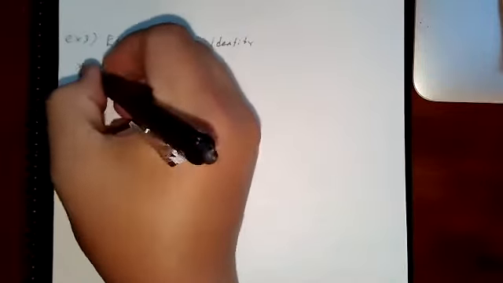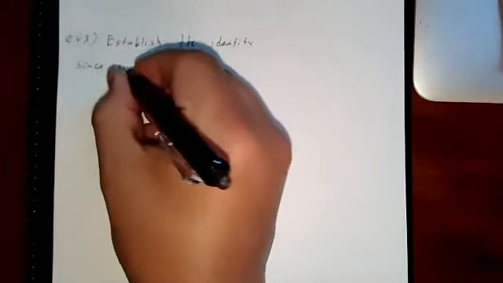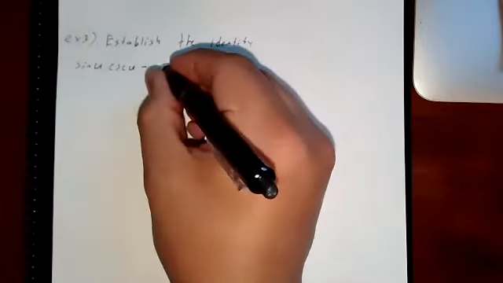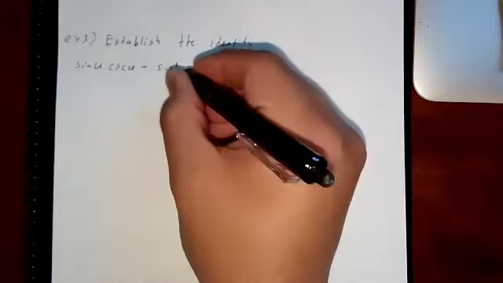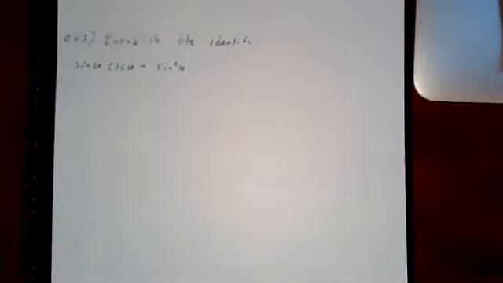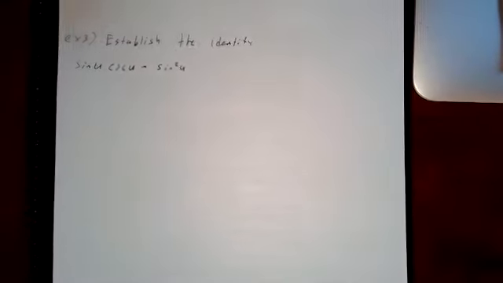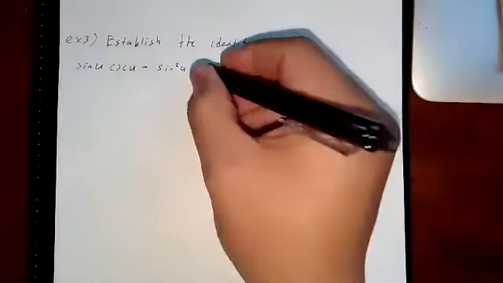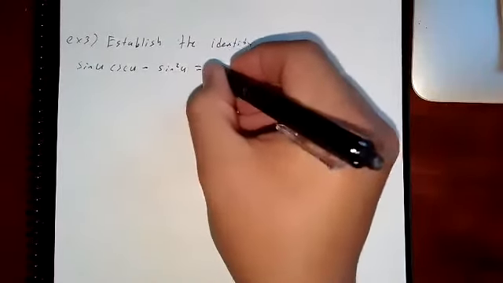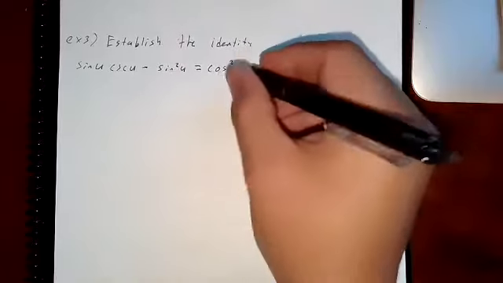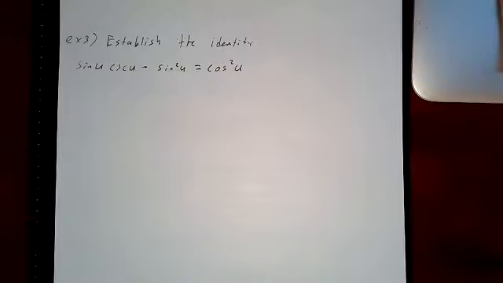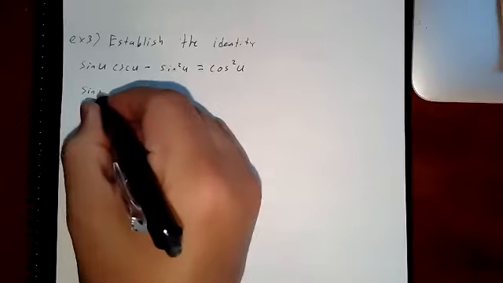Sine u cosecant u minus sine squared u is equal to cosine squared. So I'm going to pick the left-hand side because that looks more difficult, more complex.